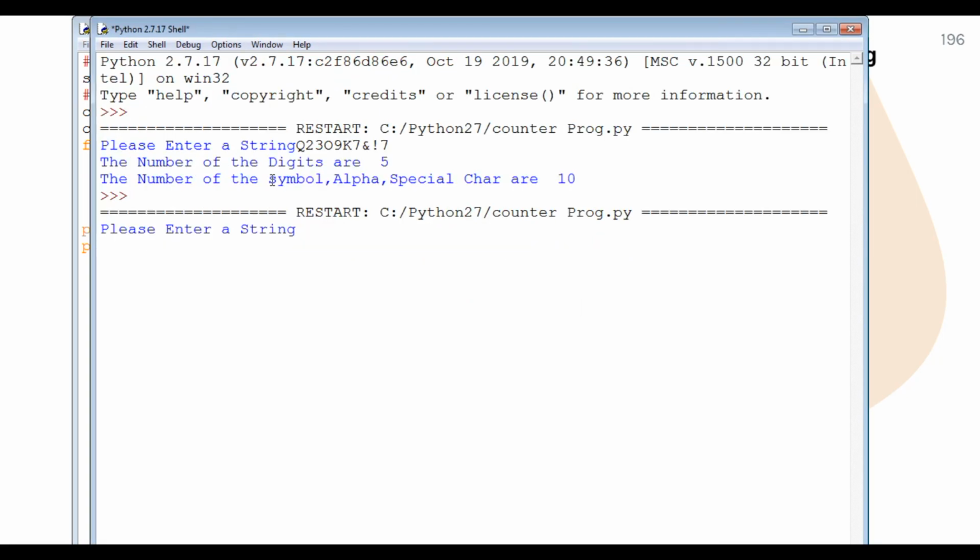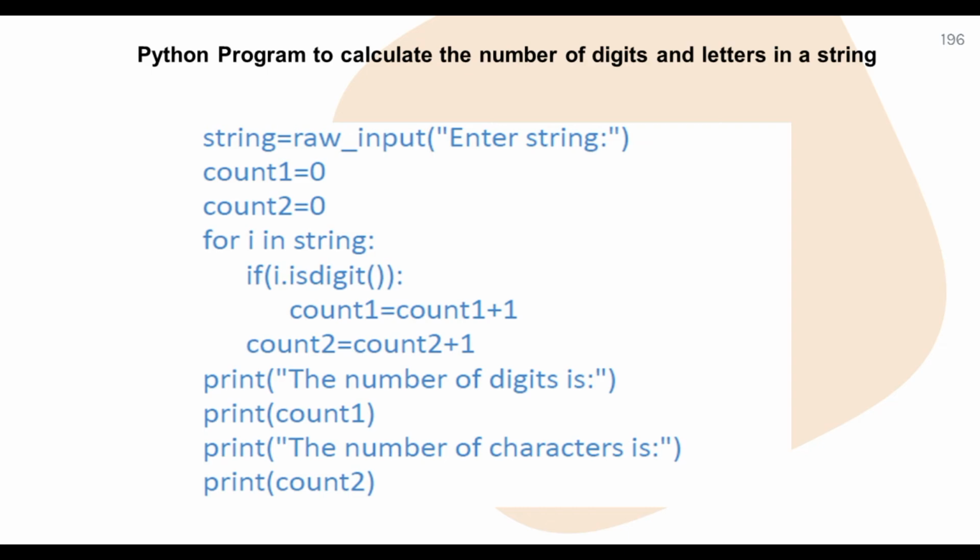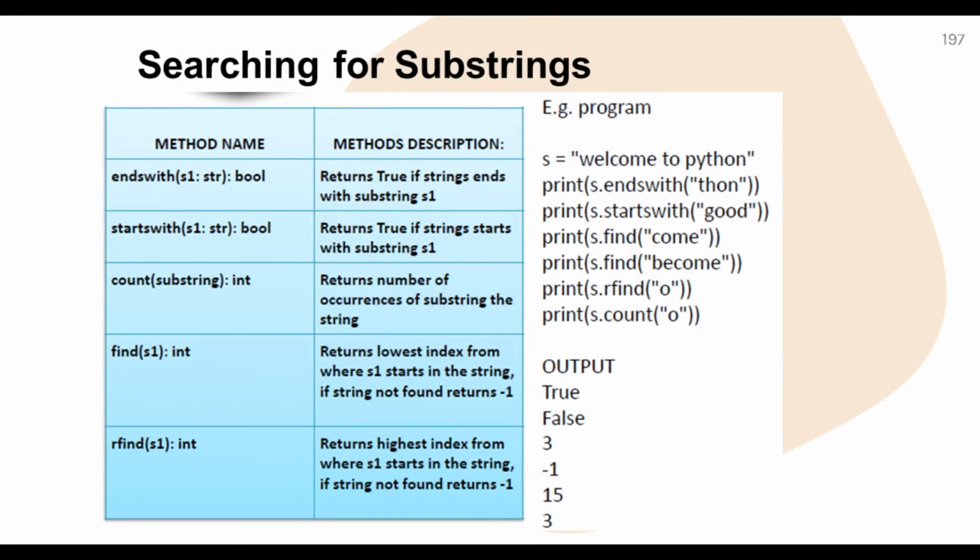Suppose that we are here giving 90 UI and then 0 XOR percentage. So you can see digits are 3, except others are symbol, alphabet or characters. Okay, so by this, student, we have learned how to calculate any digit, character, alphabet in a particular string.